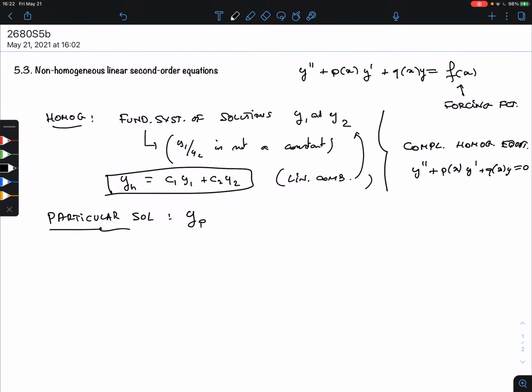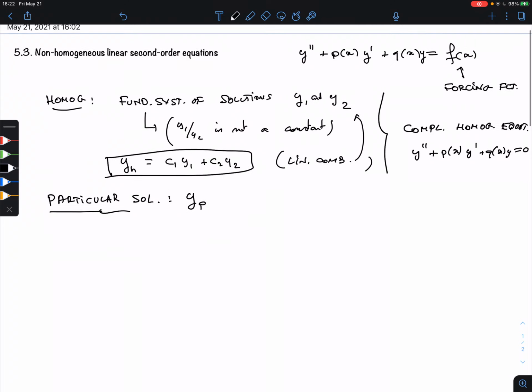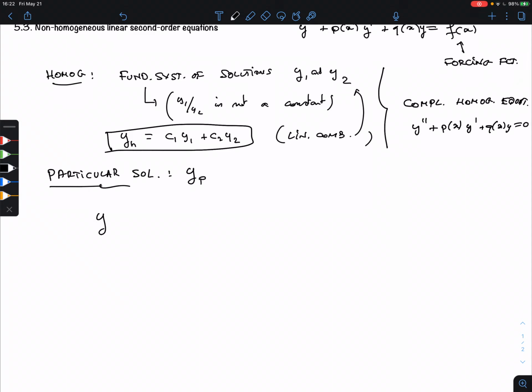So we find some particular solution, and then the general solution y looks like this. The textbook presents it a little bit differently when talking about first order, but I did it in such a way that it should now be clear that it's exactly the same. Namely, we take a particular solution, yp.